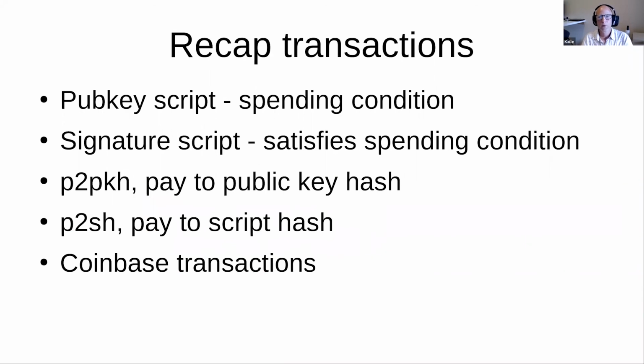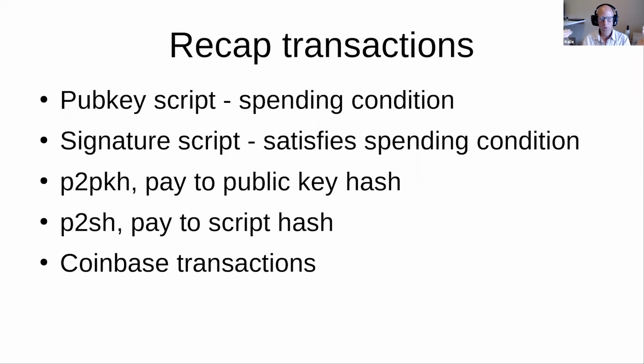So to recap a little bit, a transaction contains an output, and the output contains a pub key script, which is the condition for spending this output, the program that exactly depicts what's needed in order to spend this output. And the signature script satisfies the spending condition of the pub key script.